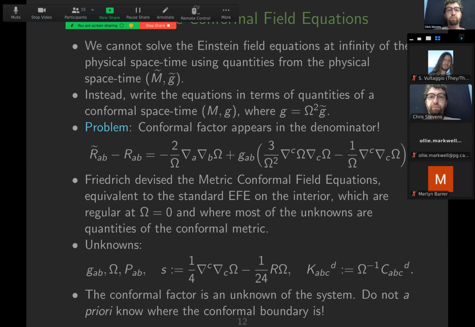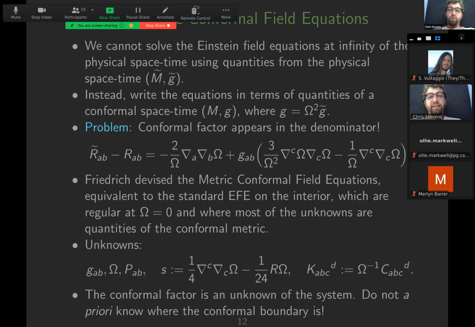Unfortunately, it doesn't. What you find is that if we take the physical Ricci tensor and write it as the conformal one plus stuff, which will come from the relationship, namely the conformal factor, you get this. That seems all right until you realize that the whole point of changing the equations to the conformal spacetime is so that you're investigating the conformal boundary in a finite way, but the conformal boundary is at omega equals 0.